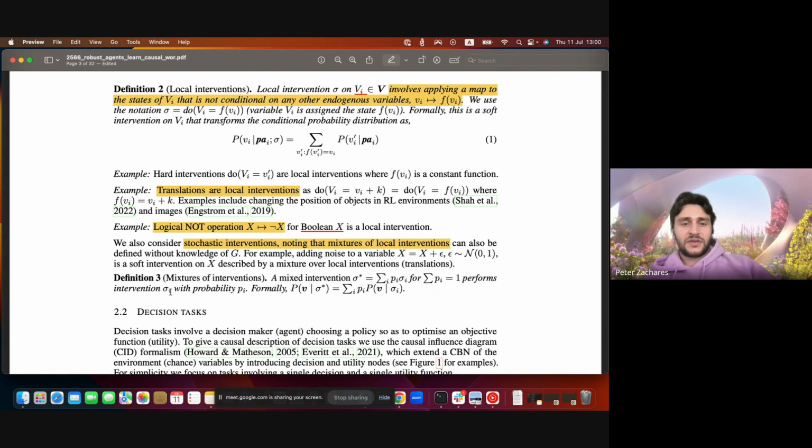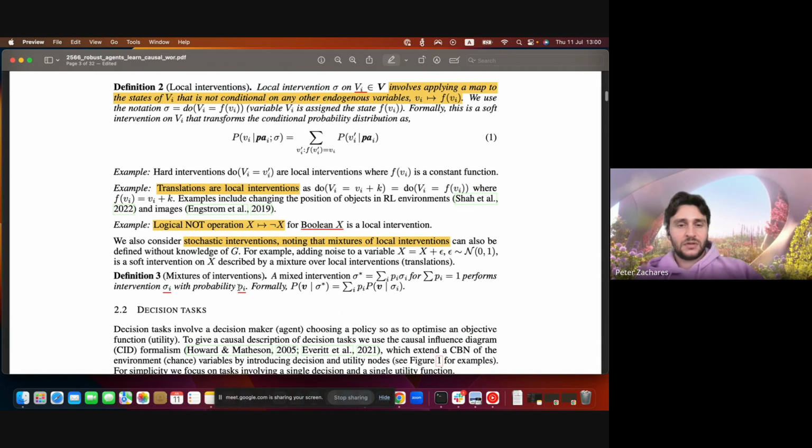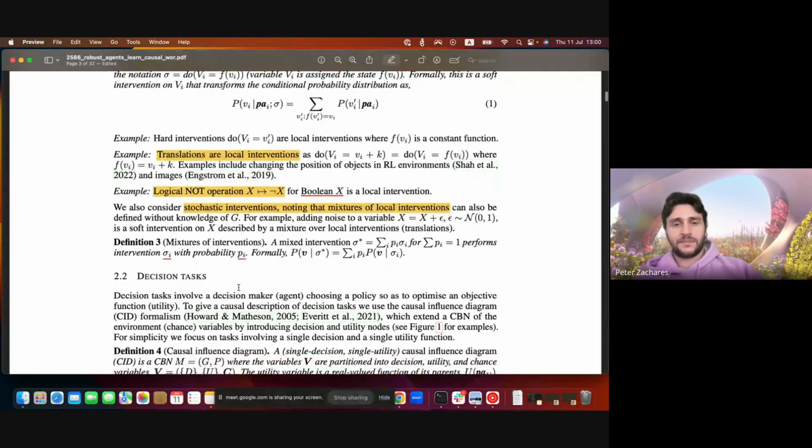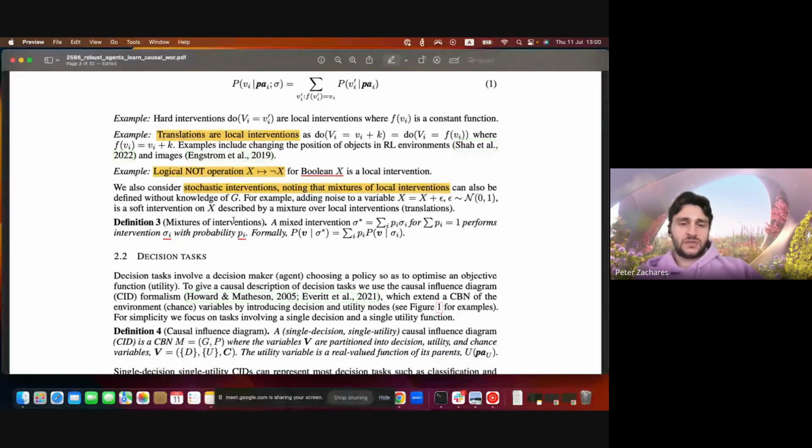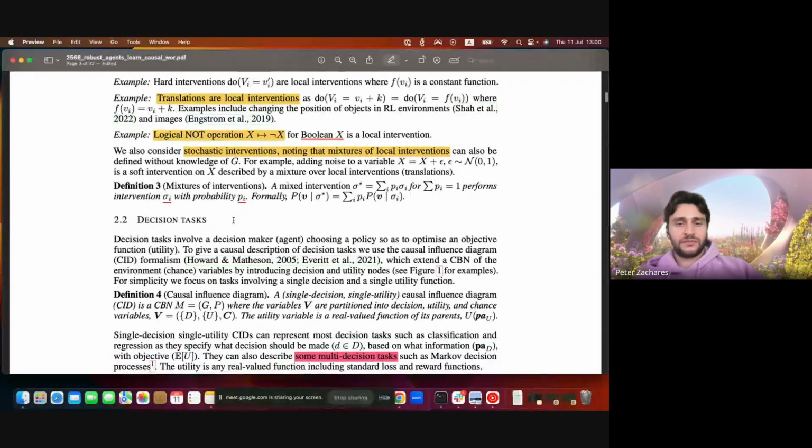So now they're denoting interventions using sigma, and then with probability pi. So now you could have a mixed intervention, which means that it could be any one of a set of interventions that happens with some likelihood. All of this is required for the proof.